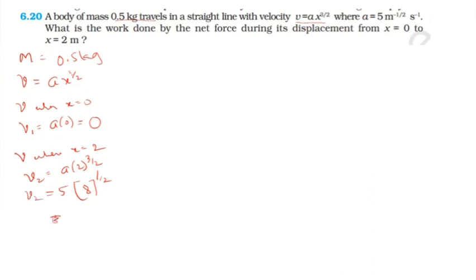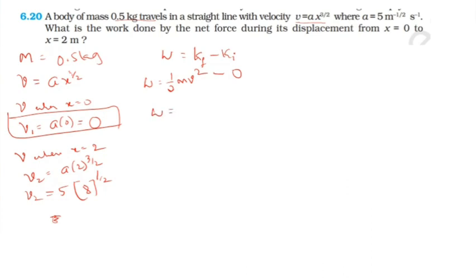I want to get the work done in this case. As per the work energy theorem, work done is equal to the change in kinetic energy, that is final kinetic energy minus initial kinetic energy. The initial velocity is 0, so the initial kinetic energy is 0. The final kinetic energy is 1 by 2 m v square.